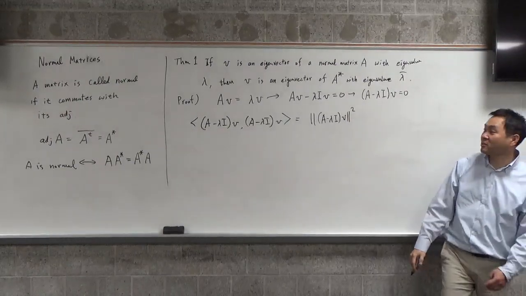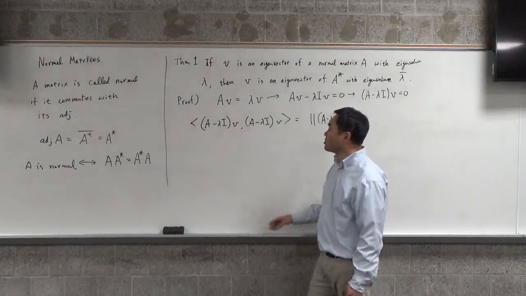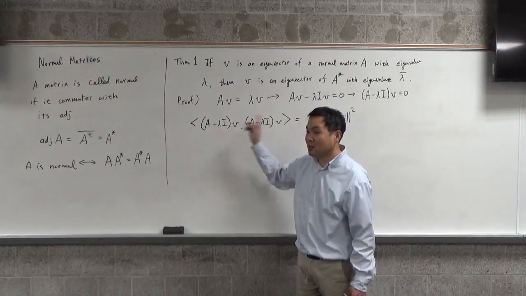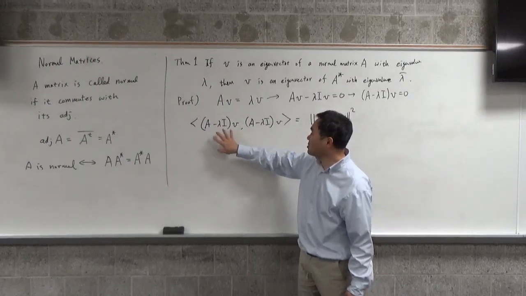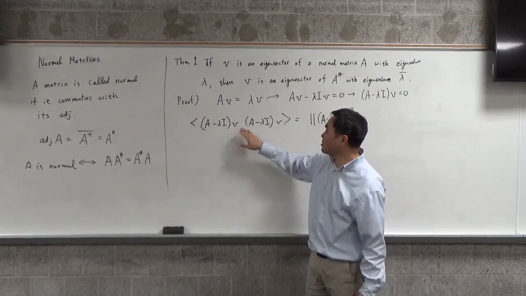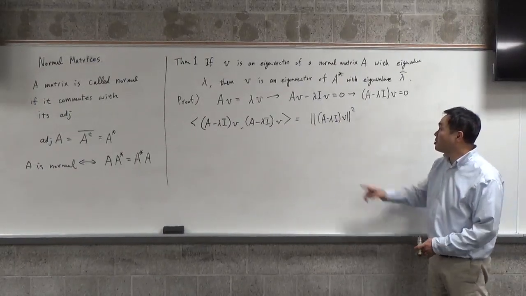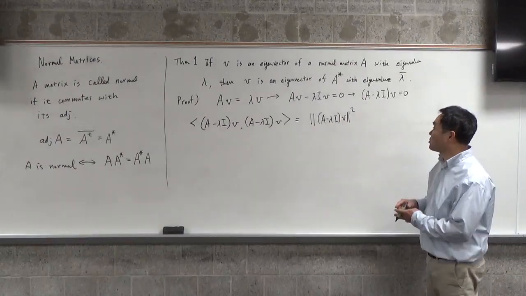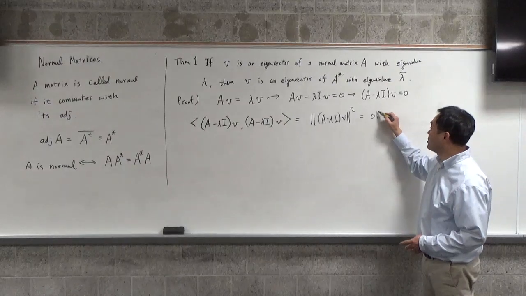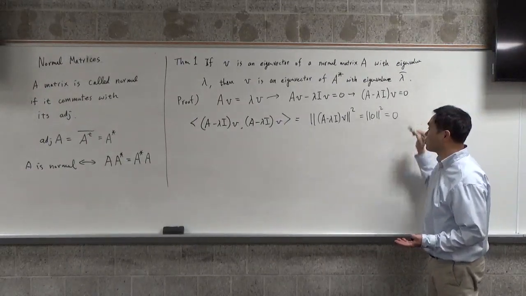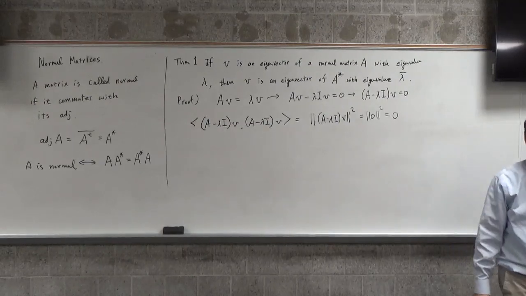That's true for any vector, but I just want to use the inner product for this question. A vector's inner product with itself is the norm squared, but we just said that this is 0, so this is going to be 0 norm squared, but the norm of a 0 vector is 0. That's what you get.